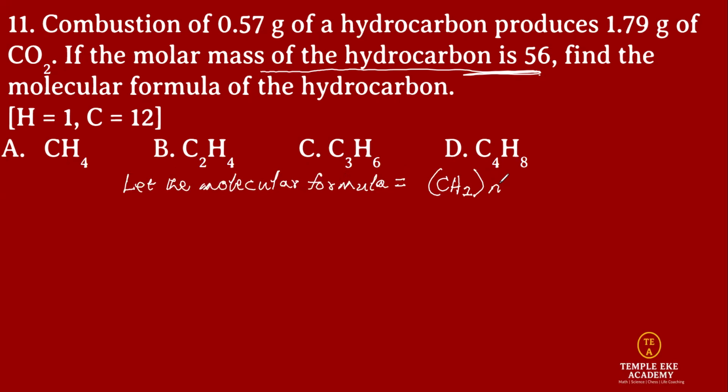This is due to the fact that the molecular formula is an integer multiple of the empirical formula. Now we can simply find the molar mass of this compound and equate it to 56. Let's do that very quickly.